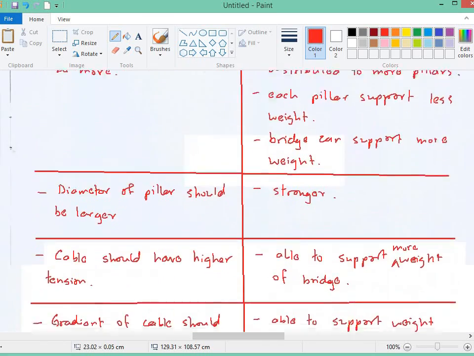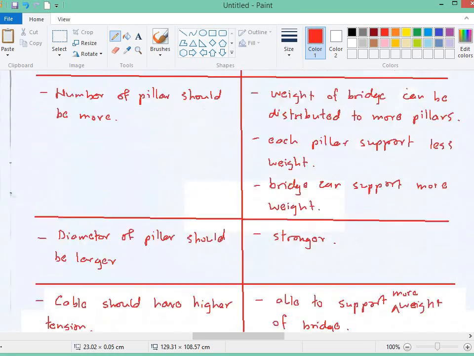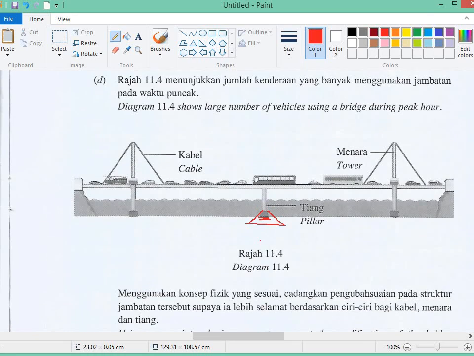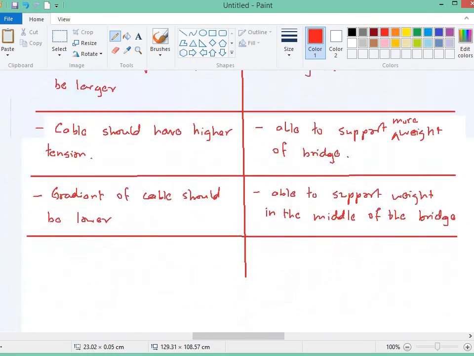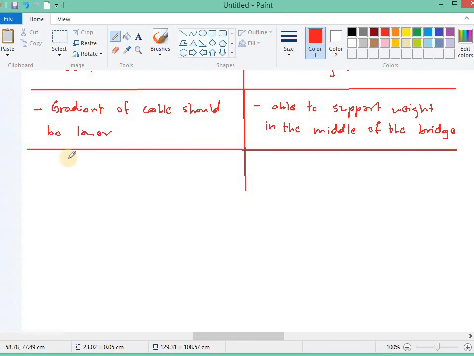Okay, so we have 4 already. So the last one is the pillar. Okay, wait, let me think.